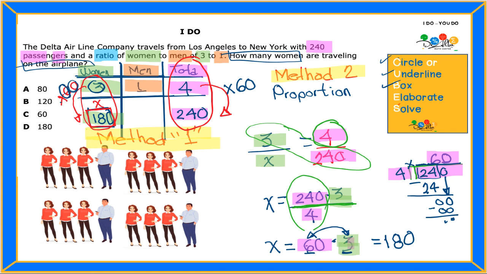And that means this is the value that goes here, the one that we were looking for. And I'm going to put a yellow cloud around it and say this is the answer by using method 2. And notice that we got the same answer as in method 1. That's great. And then we said our answer is letter D.